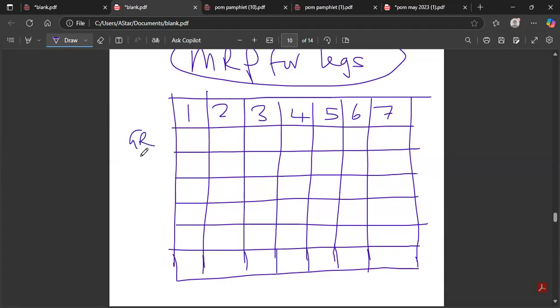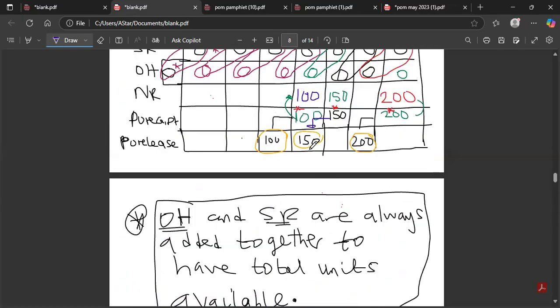Gross requirements, scheduled receipts, on hand, net requirements, planned order receipt, and then planned order release. Okay, so this one is coming from where? The leg is also coming from the mother here.